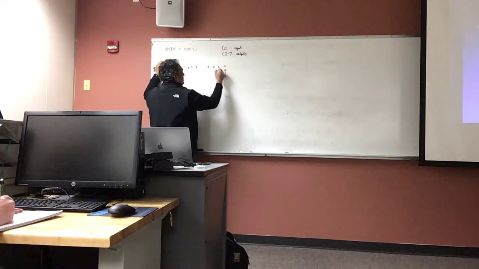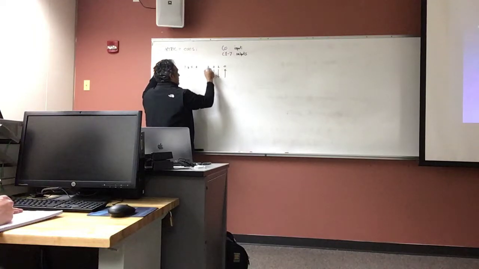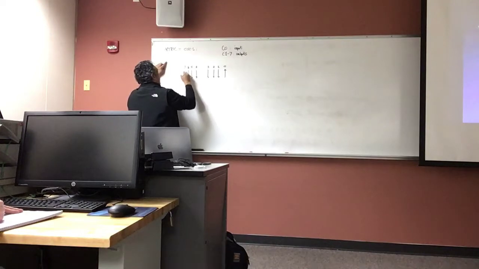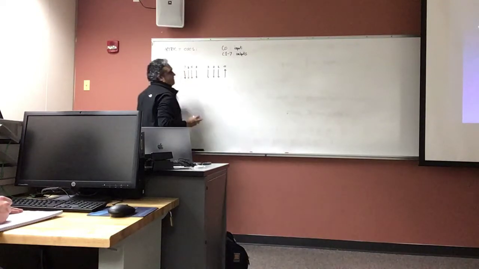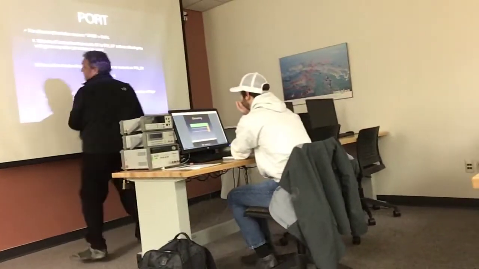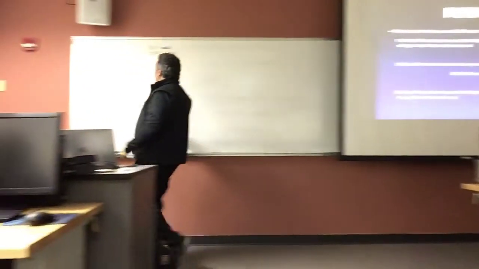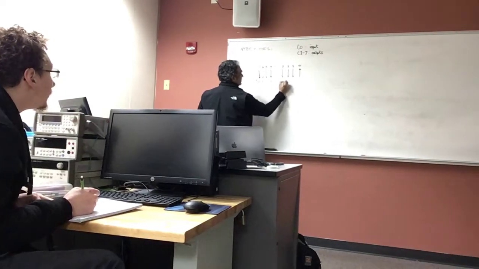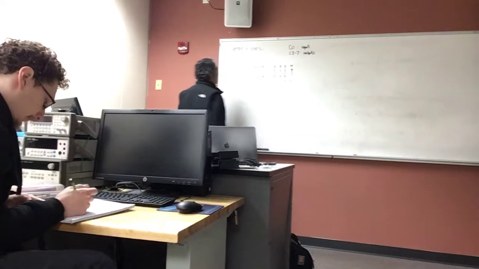This guy is an input. These guys are outputs. Okay? I am very much interested in putting 5 volts on 7. So I want 5 volts here. But I don't want to mess with this. I want all these guys to be unaffected.